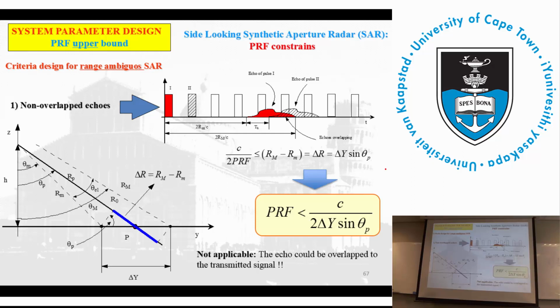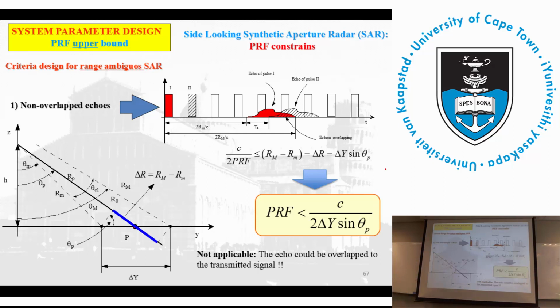Because now you're looking down from 700 kilometers, and you may be illuminating 100 kilometers of swath. The projection is maybe a very small quantity. So that means that this is actually quite concentrated along this area. But there's nothing afterwards, and there's also nothing before. So you can keep on transmitting pulses before even this one comes back in. So this is an ambiguous radar, it is true.